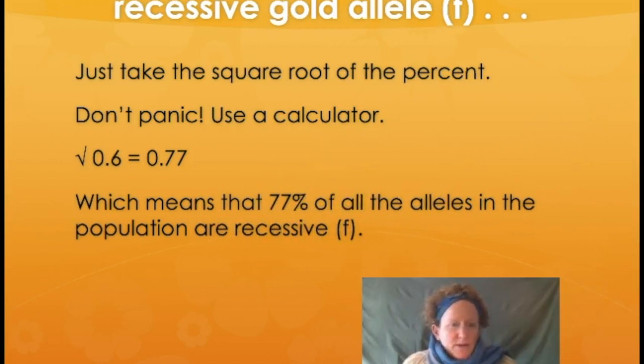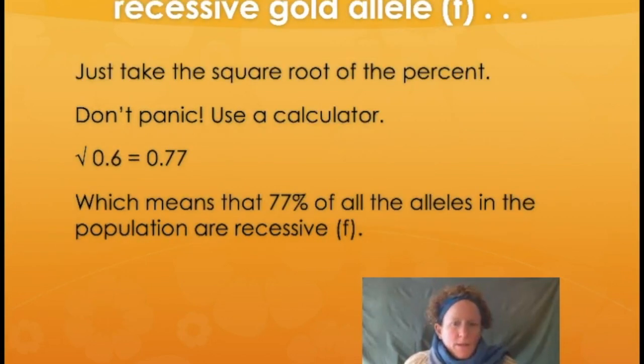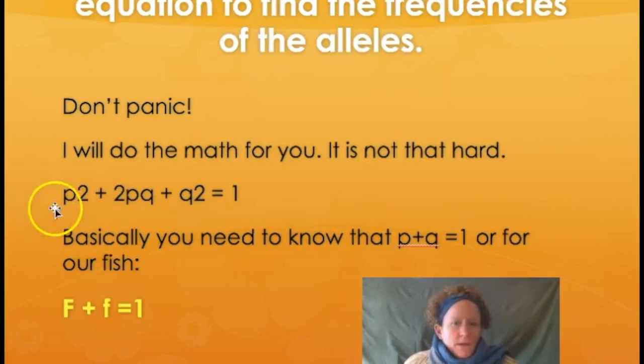If we go back to the Hardy-Weinberg equation, this gives us the recessive allele. This gives us the individuals that are heterozygous, and this gives us the homozygous dominant individuals. So this is homozygous recessive.